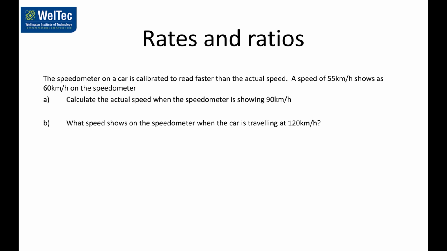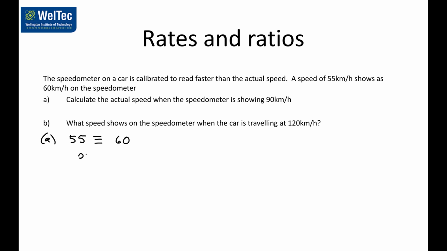Okay, the speedo is calibrated to read faster than the actual speed, and a speed of 55 kilometres an hour shows us actually 60 kilometres per hour. So find the actual speed when the speedo is showing 90. So let's have a look. We've got 55 is equivalent to 60.